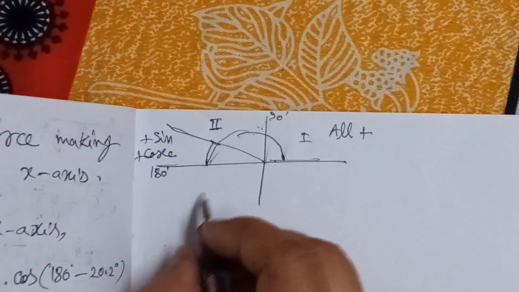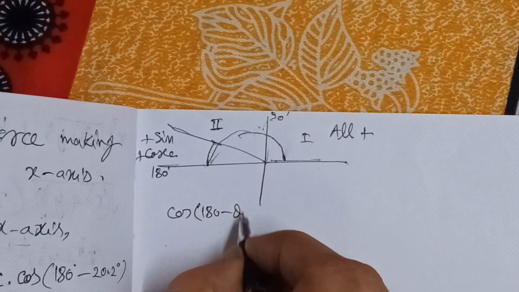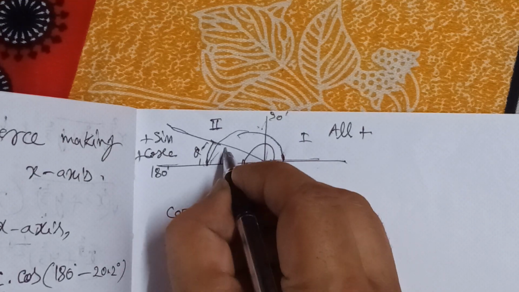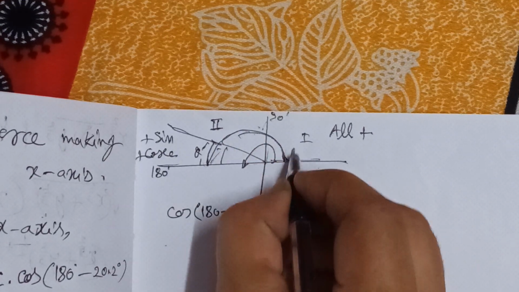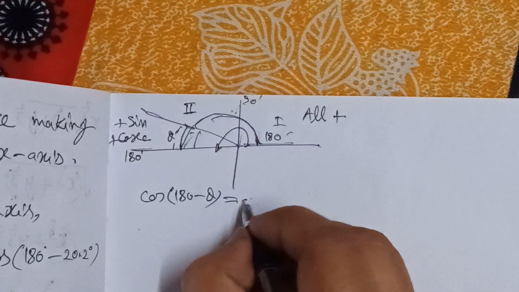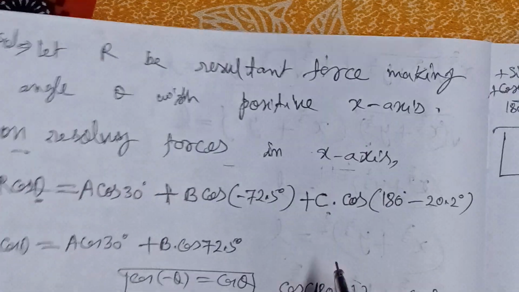So this angle is theta, the total angle is 180 minus theta, and this value is equivalent to minus cos theta. It is a formula you can use here.